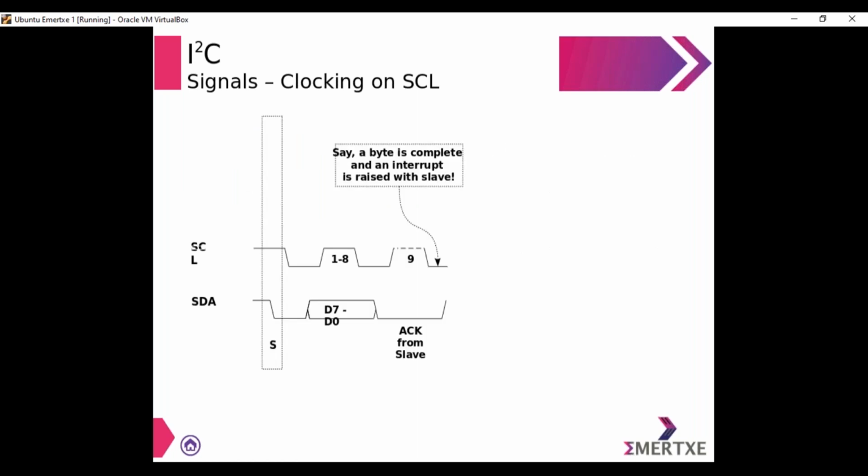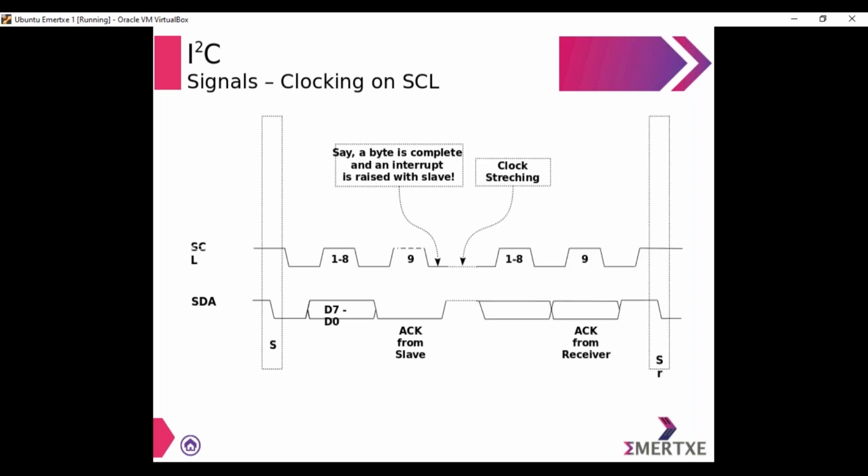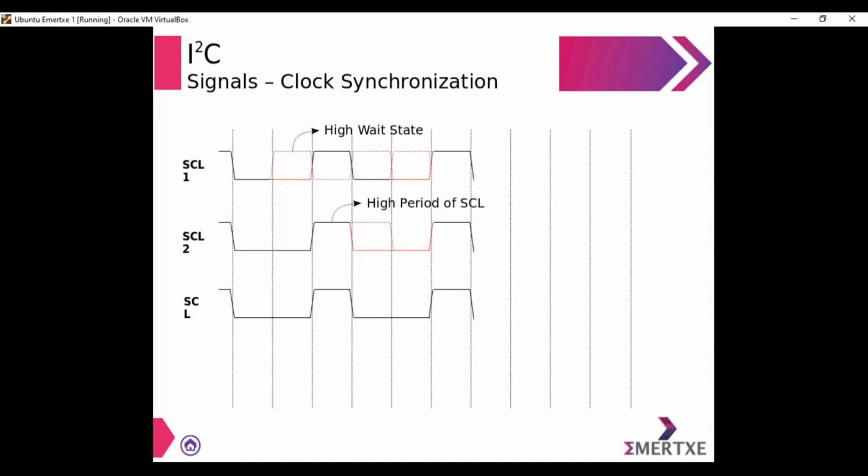Then we have clock stretching, which happens when two microcontrollers are communicating with each other. One microcontroller is acting as a master, another microcontroller is acting as a slave. Then we saw clock synchronization, which happens when two masters start generating the clock pulse. So the clock pulse always depends on how the clock signal is being generated by individual masters.